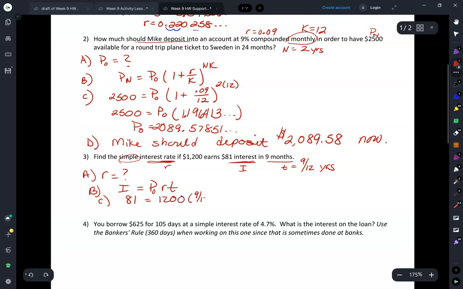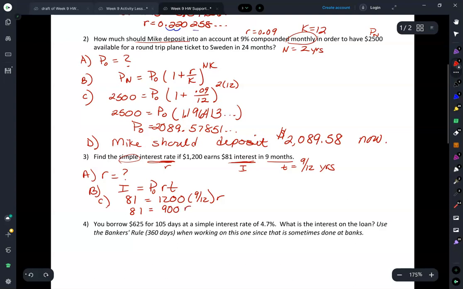Time is 9/12. And R I'm just going to leave. So then when I go ahead and calculate this out, I'll start with 9 divided by 12. I get 0.75, or you could just do that in your head, times 1,200. And that'll be 900. So I get 81 equals 900 R.